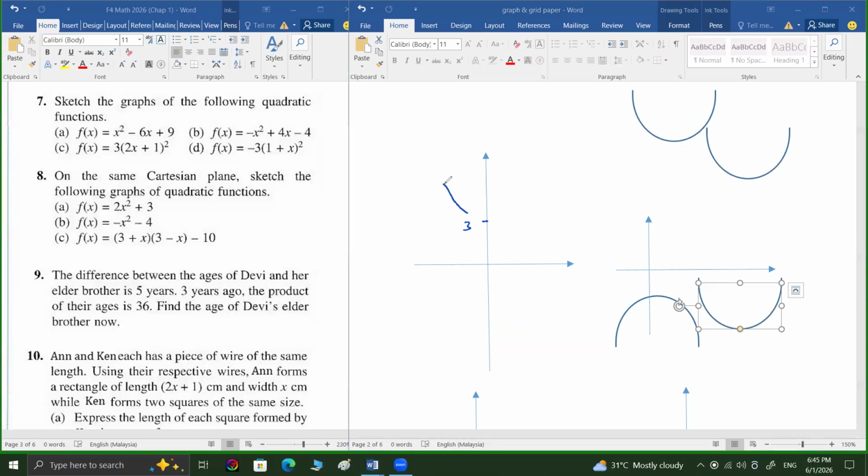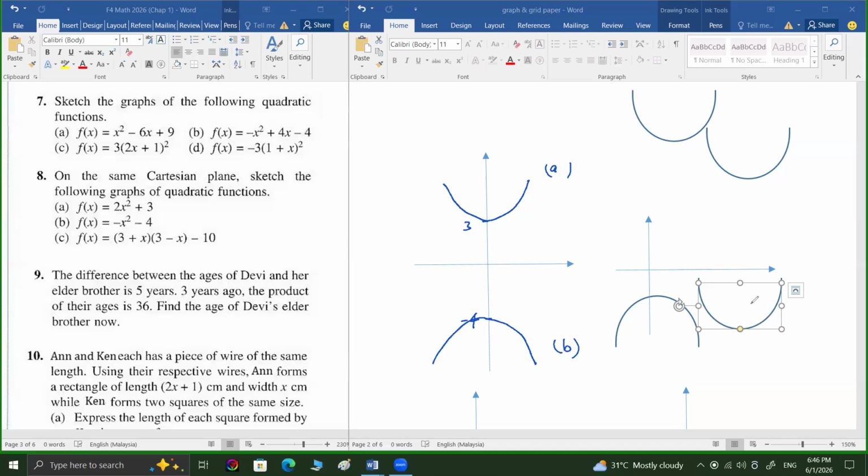So you got parabola positive for A. Now for B also, we see negative x squared minus 4. Cannot be factorized also, this one. So minus 4, right? Maybe somewhere here, negative 4. So parabola negative. Okay, you got a graph of this.